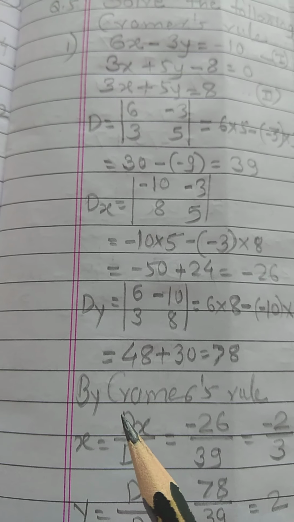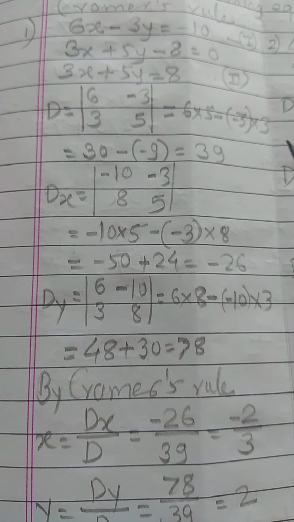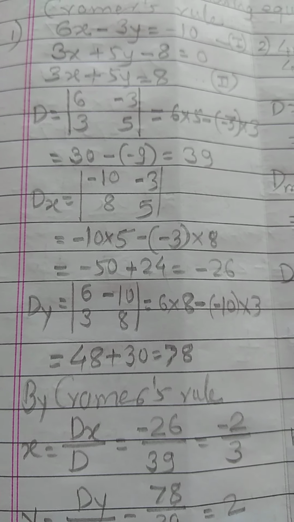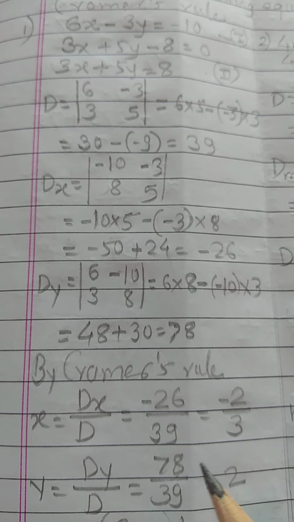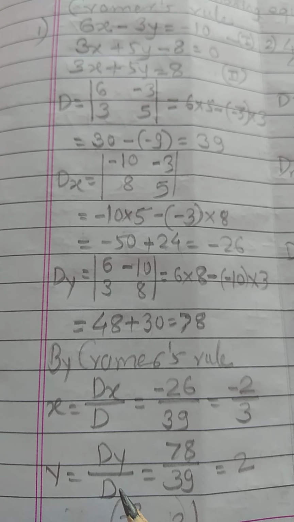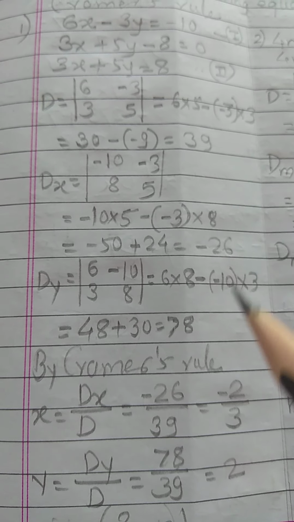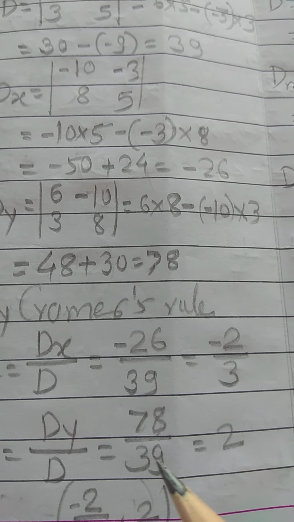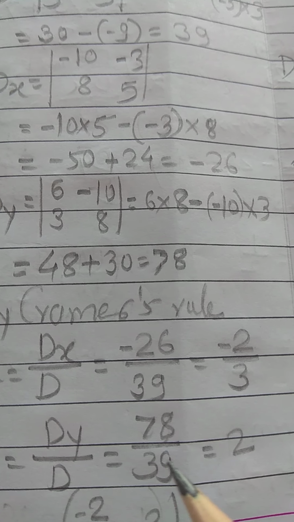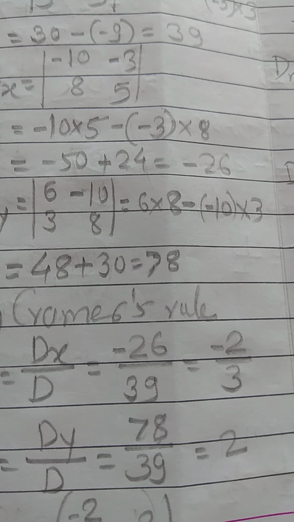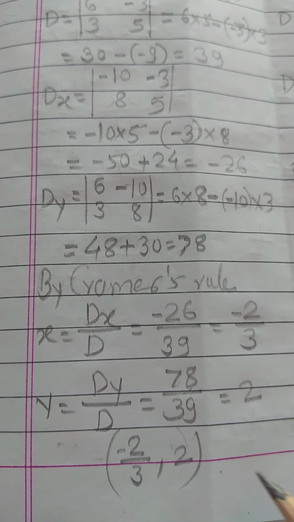By Cramer's rule, x is dx upon d, minus 26 upon 39. 13 2s are 26, 13 3s are 39. So y is dy upon d, that is 78 upon 39. 39 1s are 39 and 39 2s are 78, or you can divide firstly by 13 and then by 3. So we will get the answer as minus 2 by 3, 2.